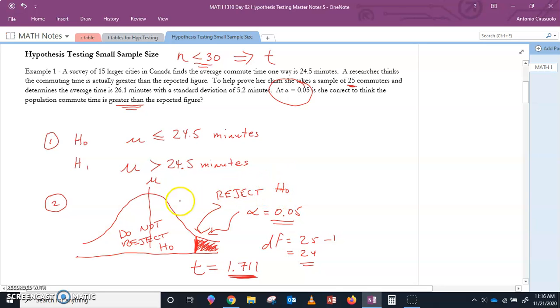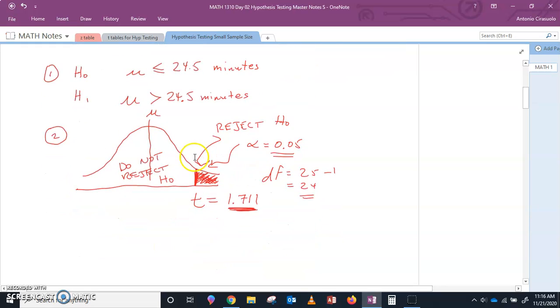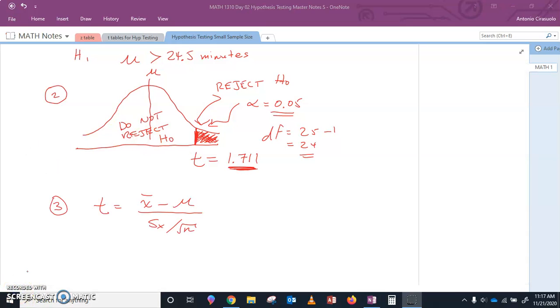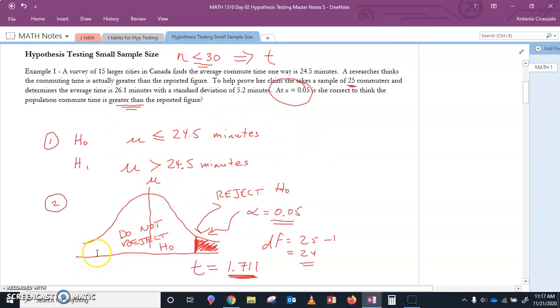Okay, so what we're going to do next then is actually do the test. In this case, we get the following. We use t is equal to the sample mean minus the population mean divided by standard deviation divided by square root of sample size. And let's put down what we know from our question. So based on this question, it says that our sample of 25 values gave us a mean of 26.1 minutes.